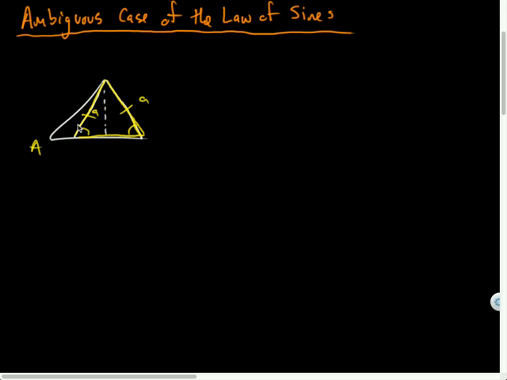So this is isosceles. And then the base angles theorem says that in an isosceles triangle, the angles opposite of your congruent sides are also congruent. So that's why these two angles are congruent.